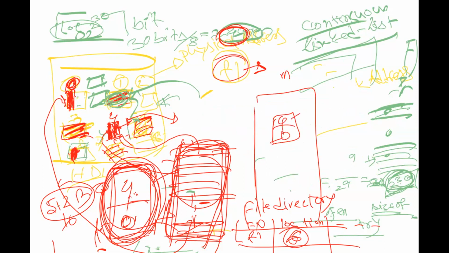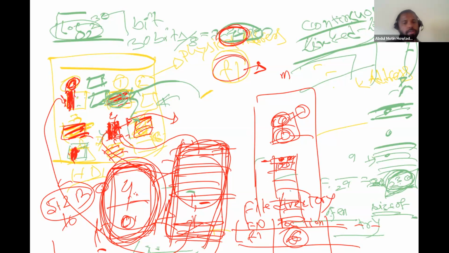So from here it can see the first part of this file index table is loaded in block number 4, and then it will load block number 0. So you will get all of this information from 0, the location of this file. Let's say it is loaded in 19, and let's say one is loaded in 100, so you can read all of this information for a particular file.